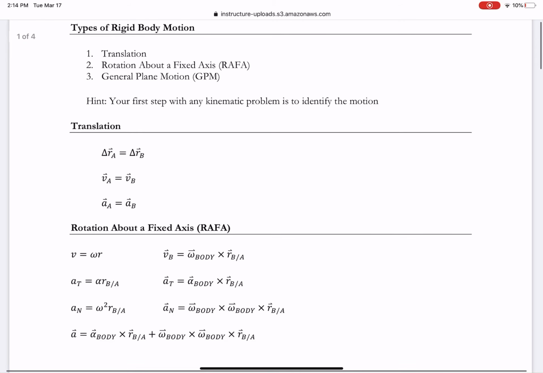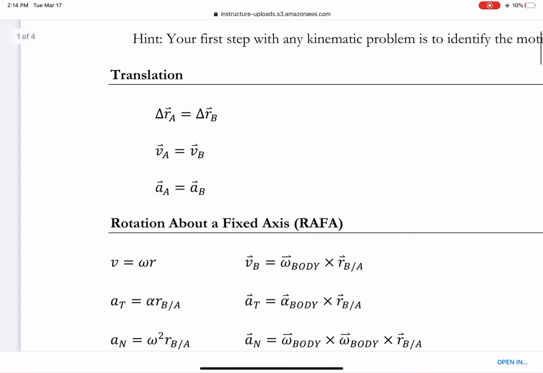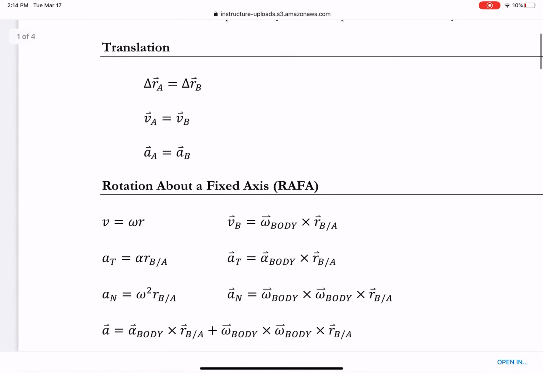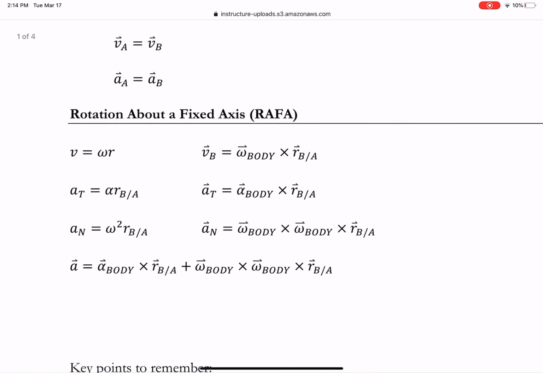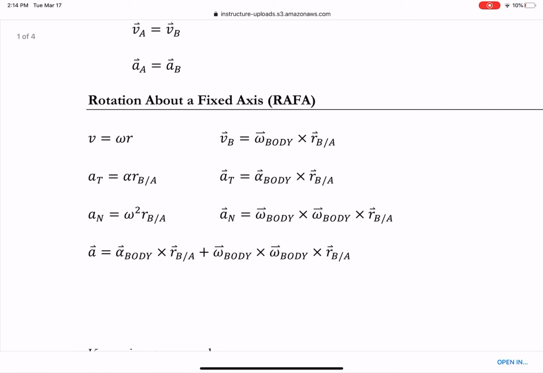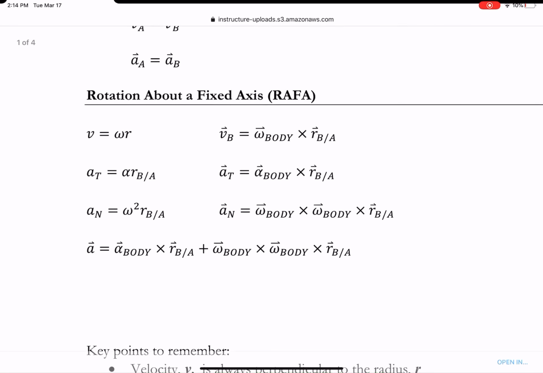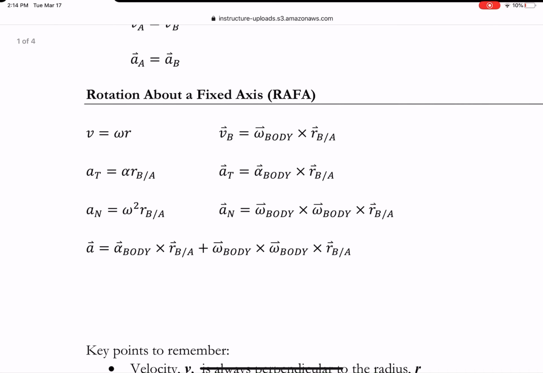For translation, the change in position, velocity of two points, or acceleration of any two points on the body are the same. And rotation about a fixed axis, Rafa. We have the equations, and we talked about that in a video, and you can have a summary of all equations in terms of scalar equations or vector equations.